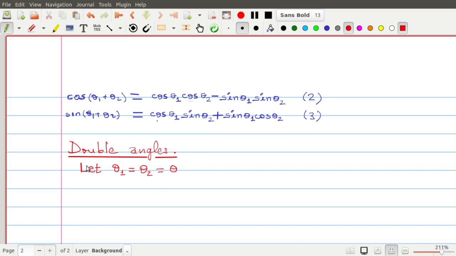So if we substitute that into 2, we obtain the following.